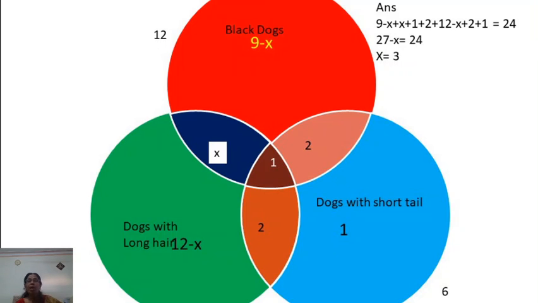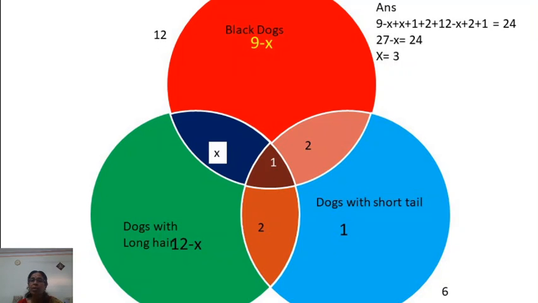But as I told, where three circles intersect, the intersecting part of the three circles means the number of dogs having all three characteristics, and this number is given as 1.